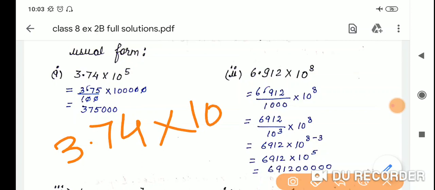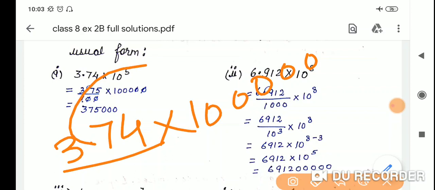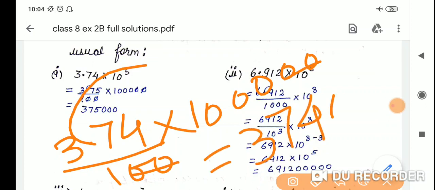So 2, 3, 4, 5. Then here 2 places are taken by the decimal, so 100 by 20, and the answer you will get is 3,74,000. Clear? Here I have written 5, so you just correct it by writing 4. Okay, please correct the mistake.